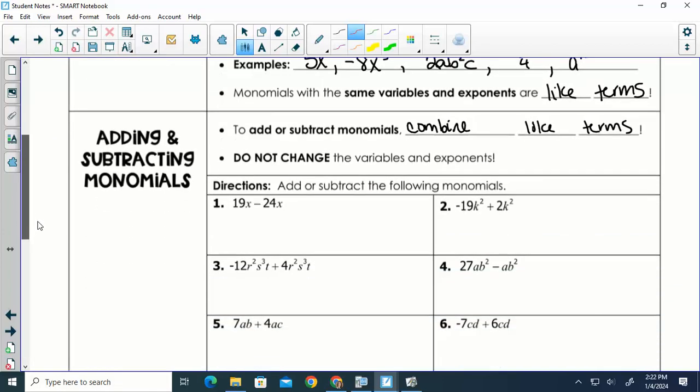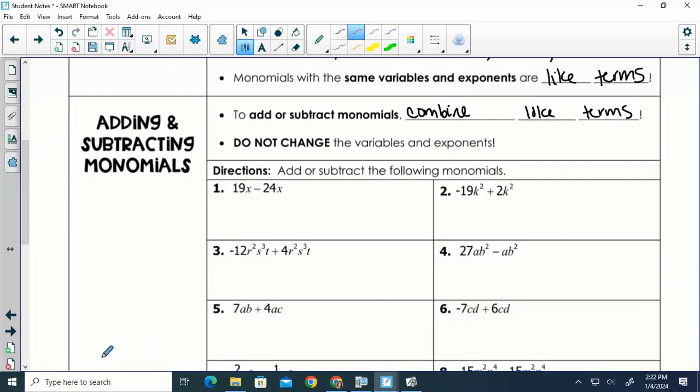So let's look at some. If I said 19x minus 24x, when I combine those, what would I get? 19 minus 24 is negative 5, and what does that need with it? X. That variable doesn't change.